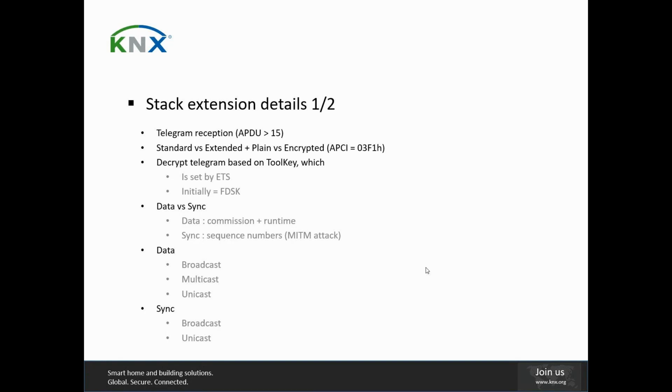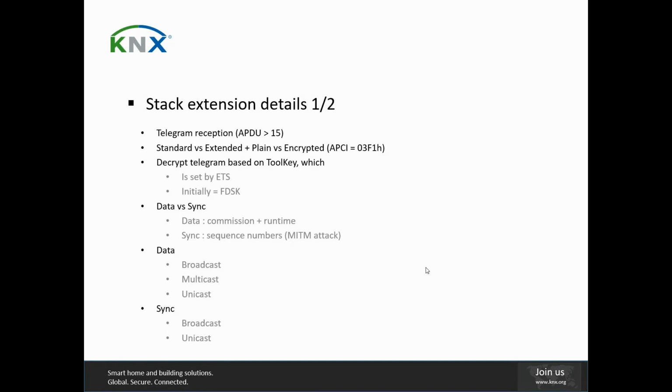So we need more than this 15. The more, the better, I would say in this case. 15 is really an absolute minimum here, or actually 16. So that's the first thing.